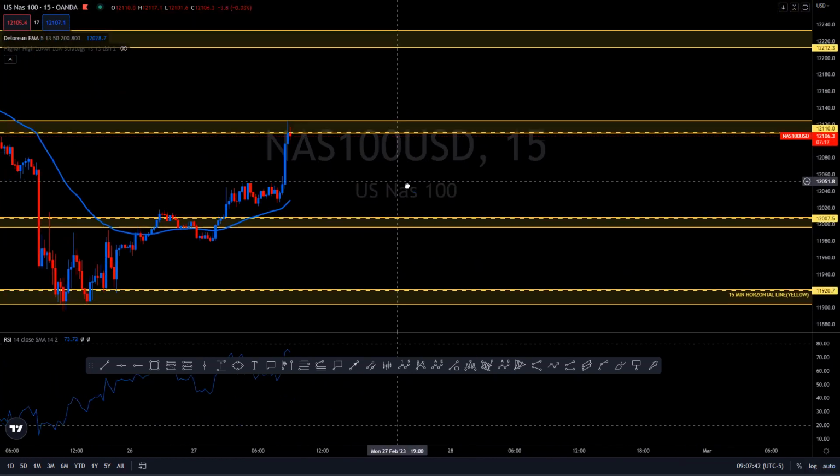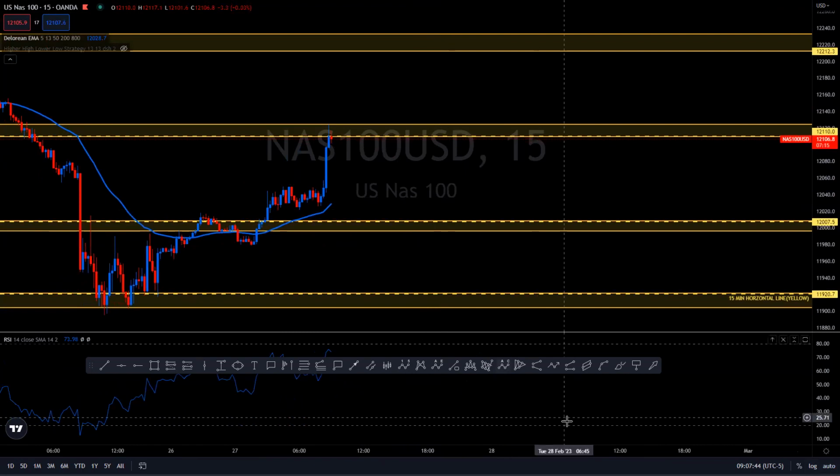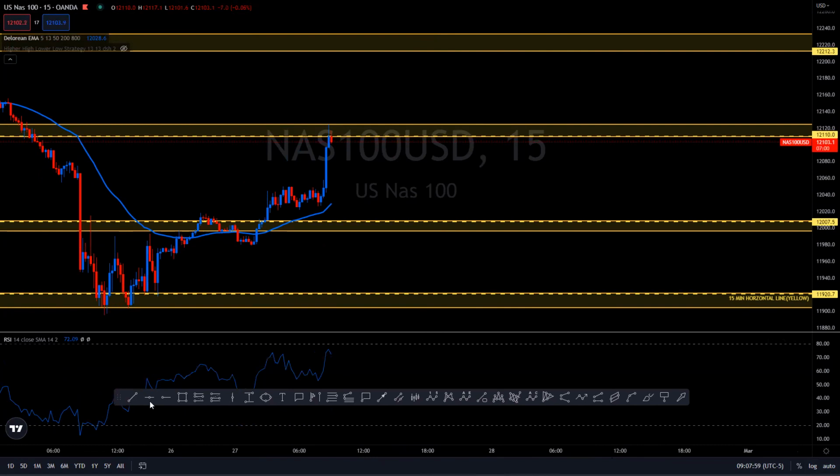Now what we're going to do is wait for the 9:15 candle to close, and then we will actually take it from there and make a decision whether we're going to buy or sell. So we have less than 7 minutes before the 9:15 candle. So be right back.